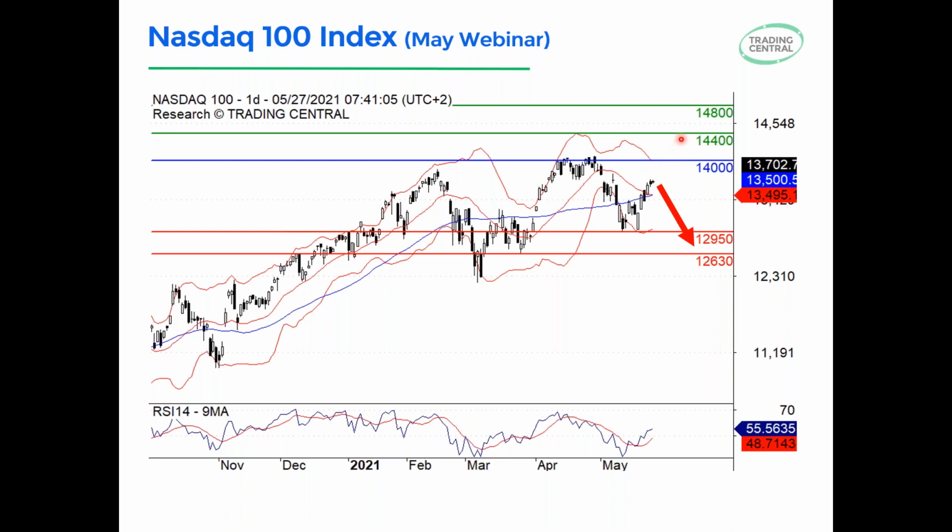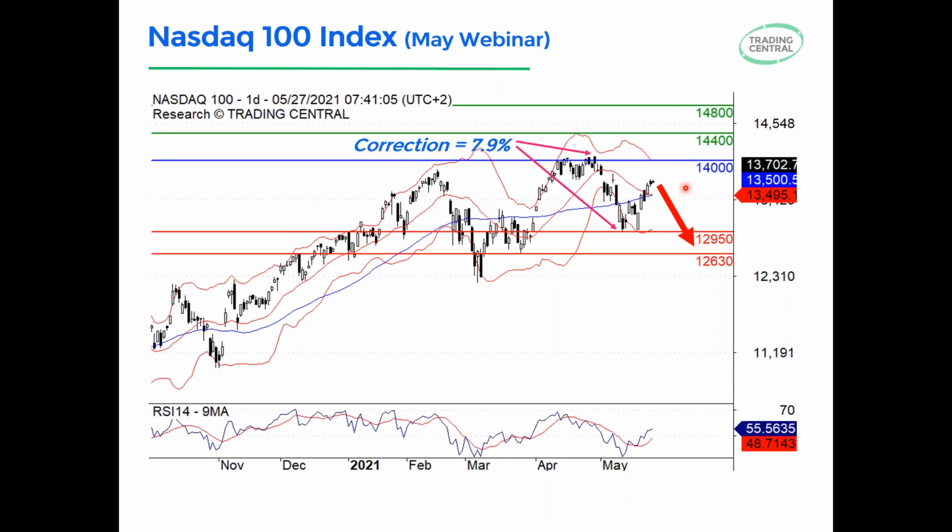We call it a bullish reversal. It was close. At the time I was doing the webinar, it was 13,700. Several days later, I can say the correction or consolidation is less than 8%. It is normal in a bull market.